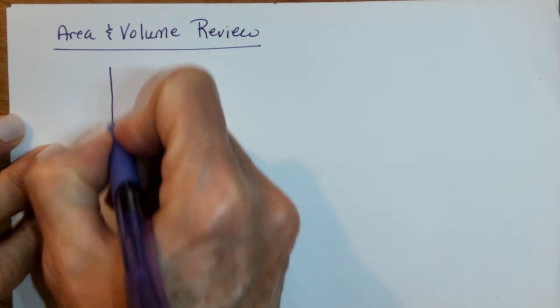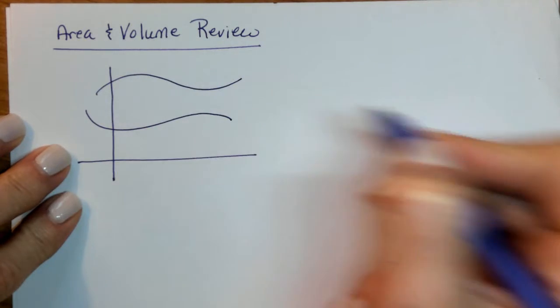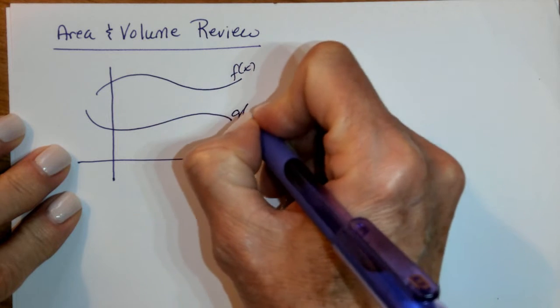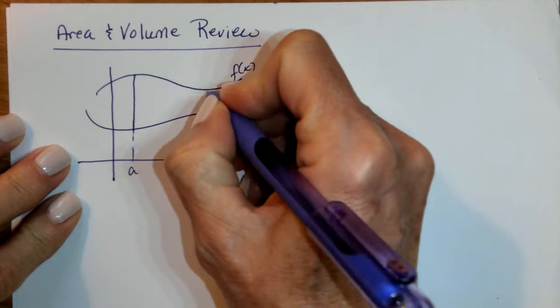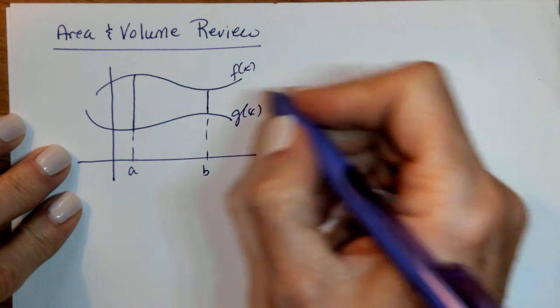For area, let's say that we have two curves, f and g, and let's say that we want to find the area between them from some x equals a to x equals b.